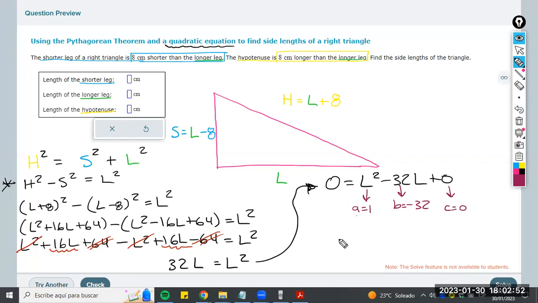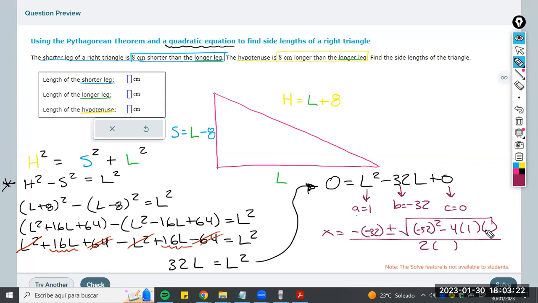So let's use the general formula. X equals minus B plus or minus the square root of B squared minus 4 times A C, divided by 2 times A. Okay, so the value of B is minus 32.